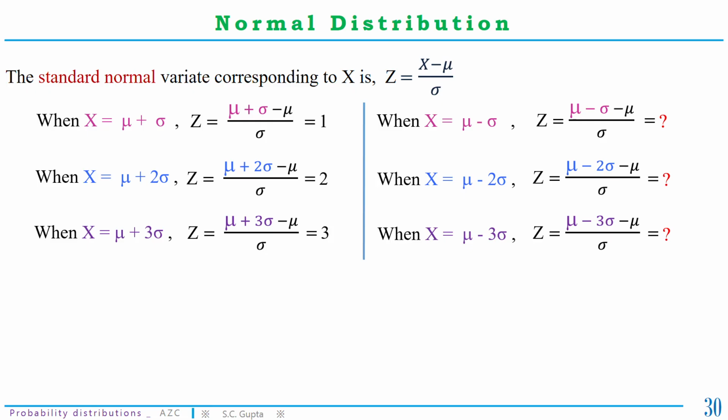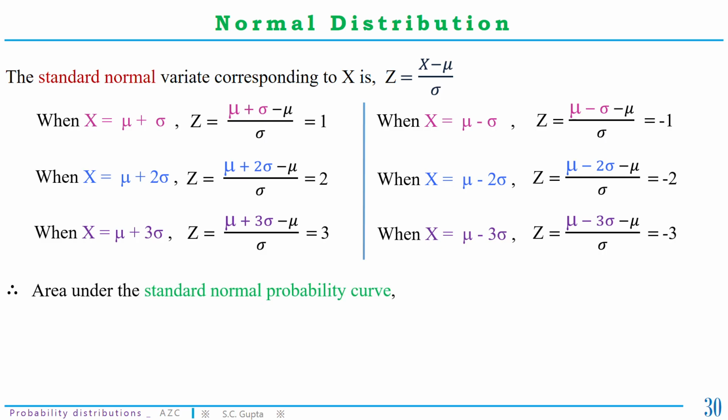The z value for x as mu minus 1 standard deviation is minus 1. For mu minus 2 standard deviations it is minus 2. For mu minus 3 standard deviations it is minus 3.